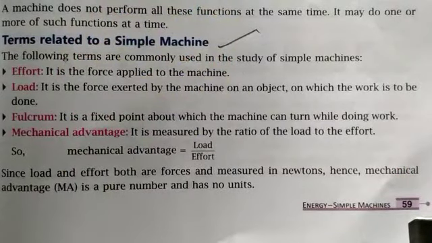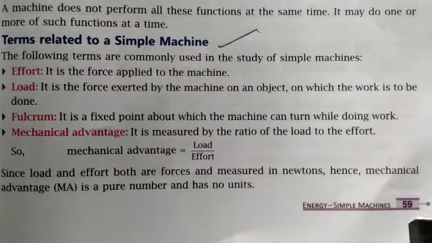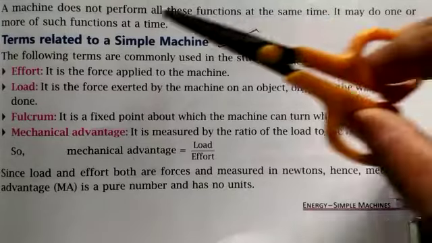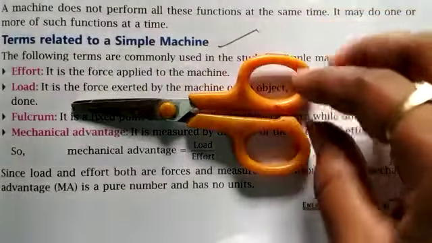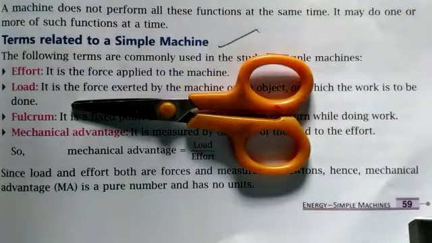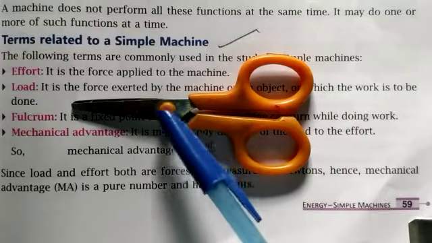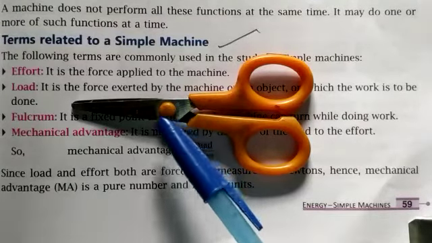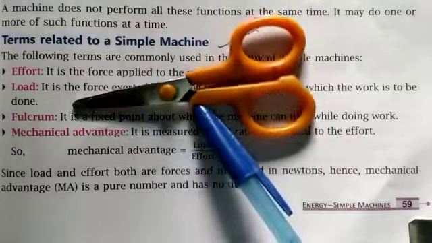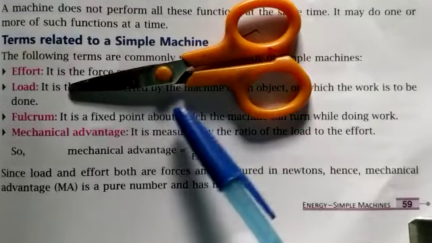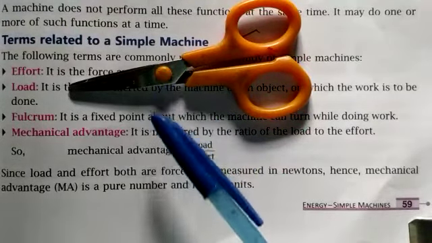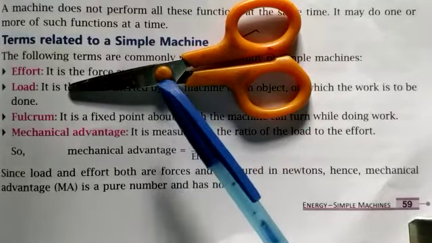Next is fulcrum. It is a fixed point about which a machine can turn while doing work. You can take the example of the scissor. Here in this scissor you can see a fixed point, this orange circular part. From this fixed point it can do work.